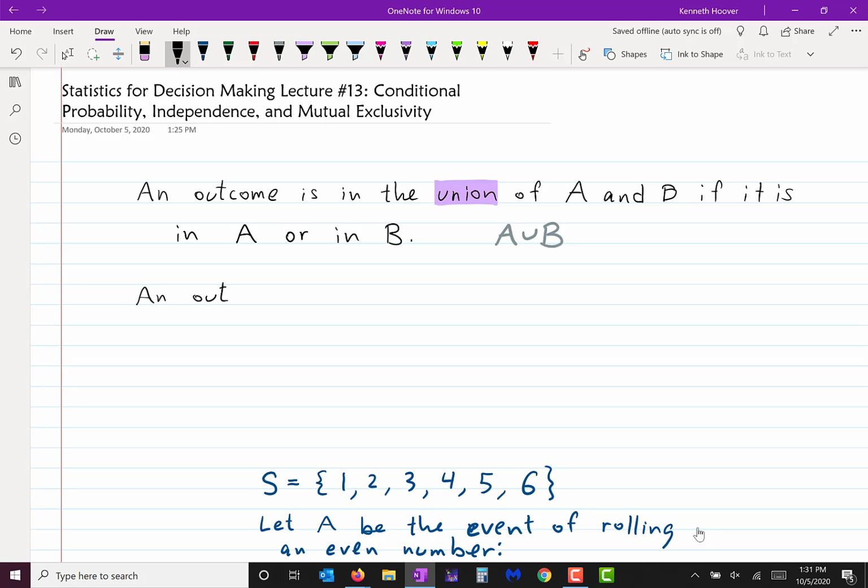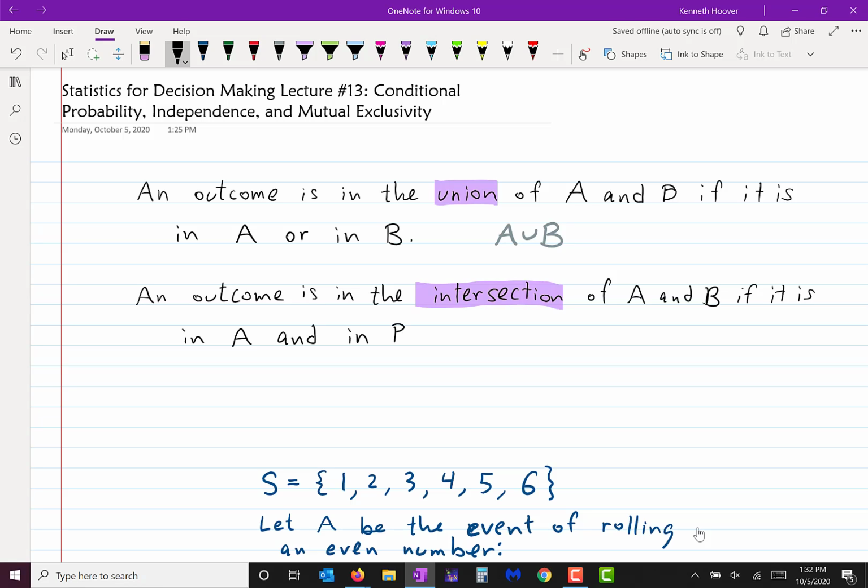An outcome is in the intersection of A and B if it is in A and B. You see, the key word for intersection is the word and. The key word for union is the word or.